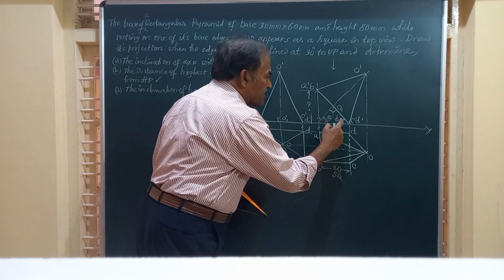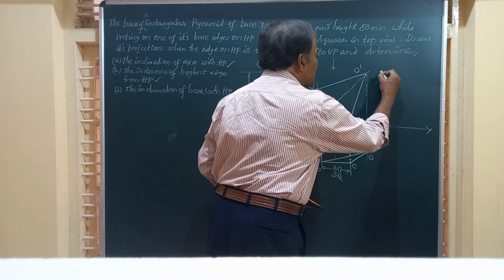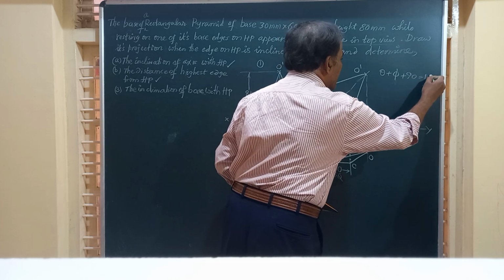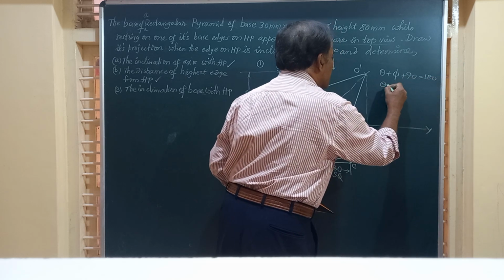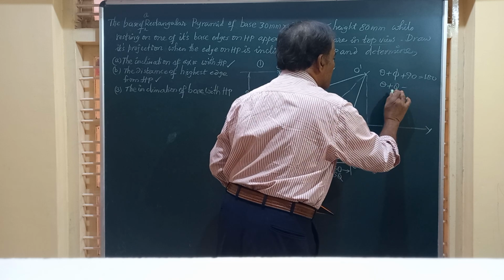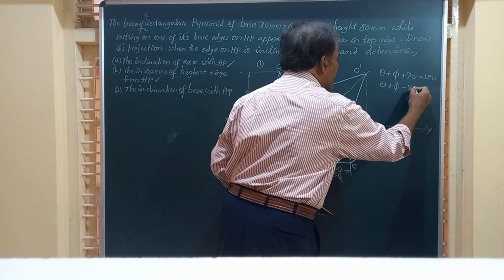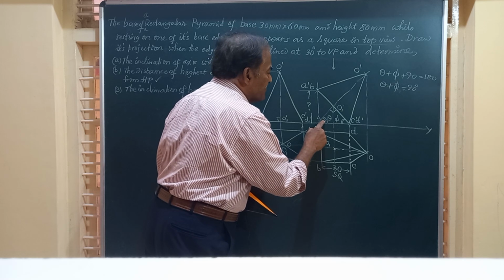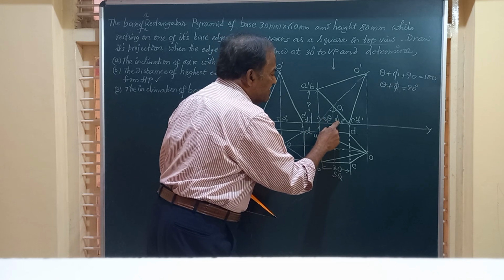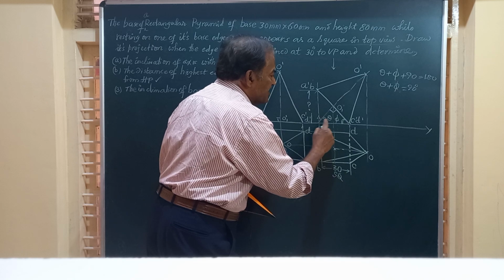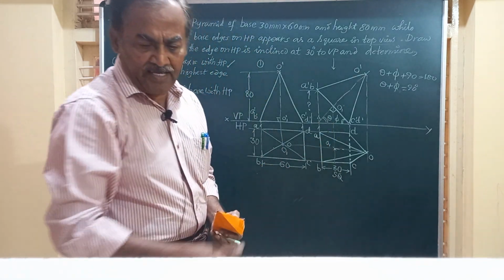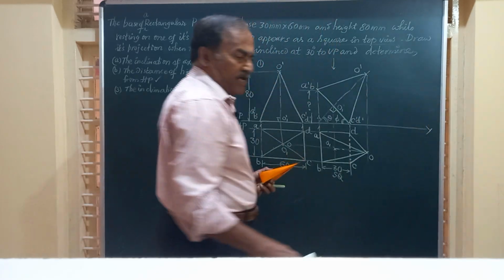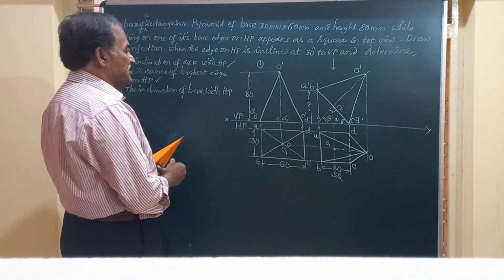So theta plus phi plus 90 is equal to 180 degrees, or theta plus phi is equal to 90 degree. Means what? If this is say some 45 degree, this will be 90 minus 45. If it is 60, this will be 30. And hence, you will be able to find out all these parameters asked in the question.